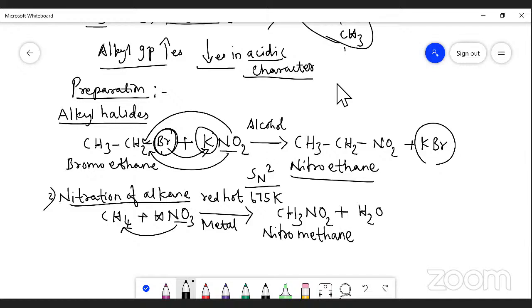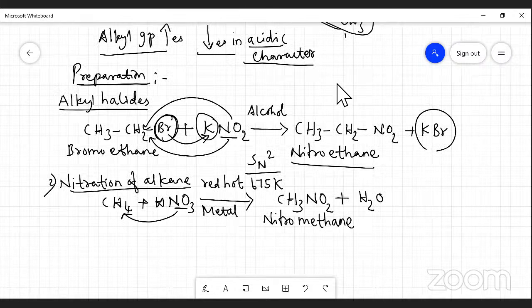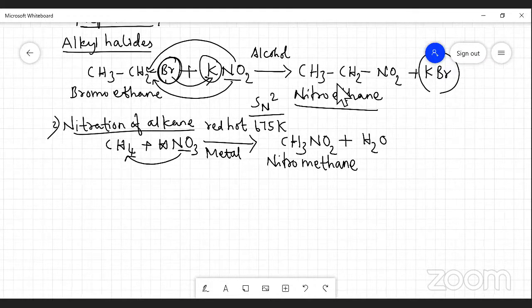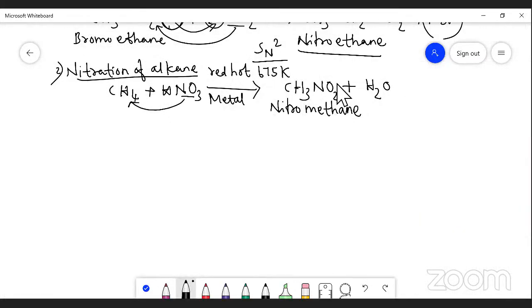Nitromethane. Okay. And next, in the same way, if you take another hydrocarbon, for example ethane, CH3CH3, mixed with the same nitric acid, we take the vapors under the same conditions, 675 Kelvin, and pass them through the red hot tube over that metal.